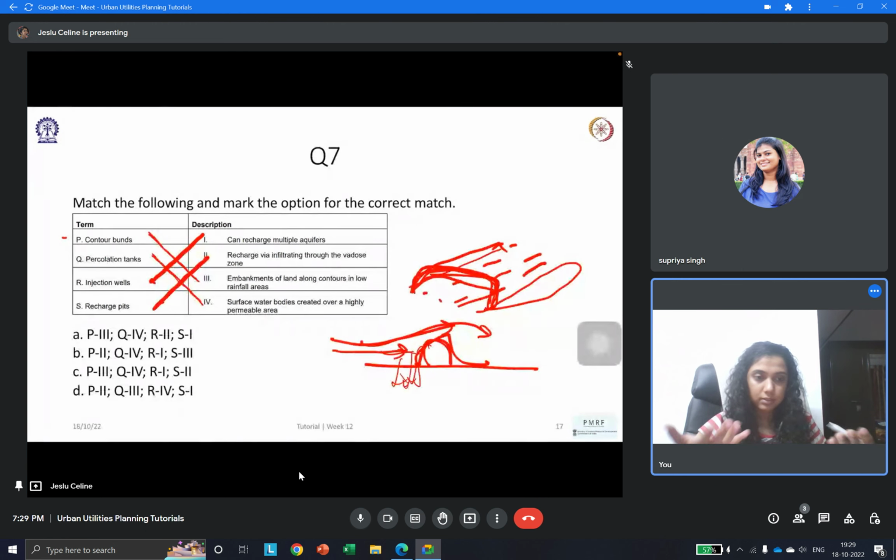Again, you need percolation to happen, so you make a tank over a very highly permeable area so that maximum water goes down through it. We also discussed injection wells; the main advantage is that one injection well can cater to multiple aquifers. And then we have recharge pits, which are normal pits we create. Correct. So let's proceed further.